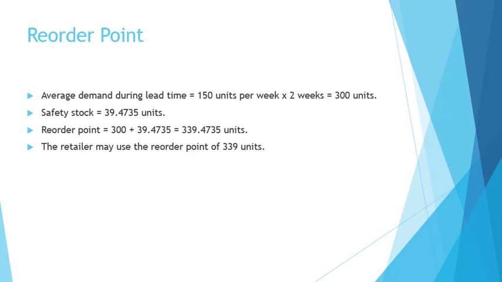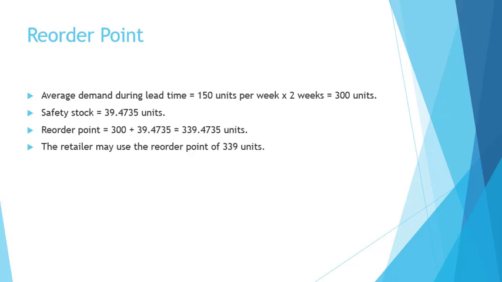Once we know the safety stock, then we can determine the reorder point. So the reorder point will be the sum of average demand during lead time plus safety stock. The average demand during lead time is 300 units because 150 times 2.